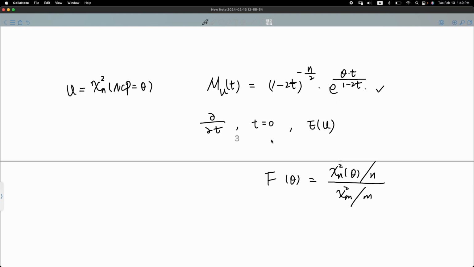And then if you need to find the expectation, take the derivative, evaluate at t equal to 0, you will get the expectation. So that's the only thing that you might need, this additional information from the moment-generating function that could help you to find the expectation. Okay, so I will stop here. This is for question part J, I think.